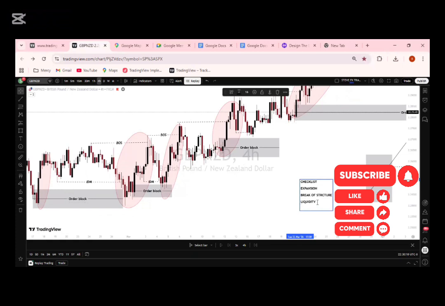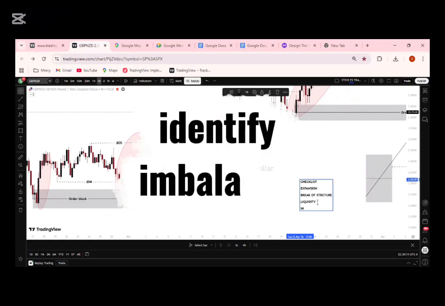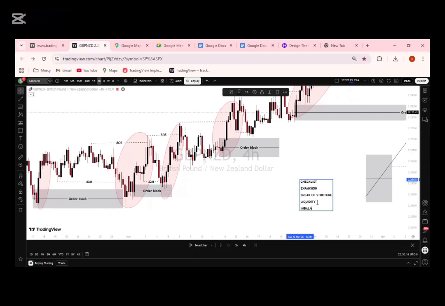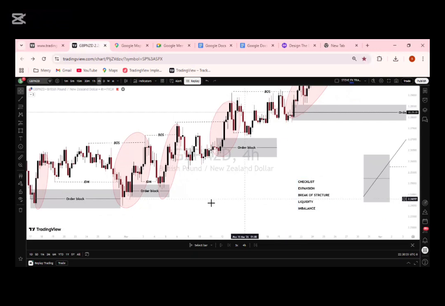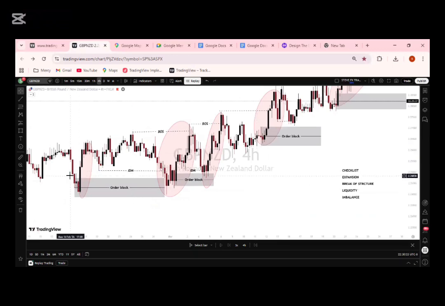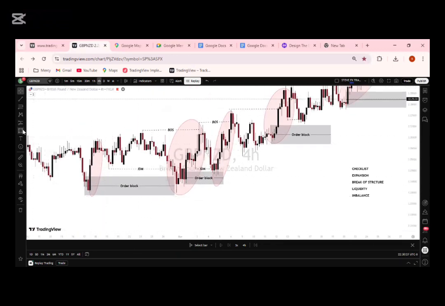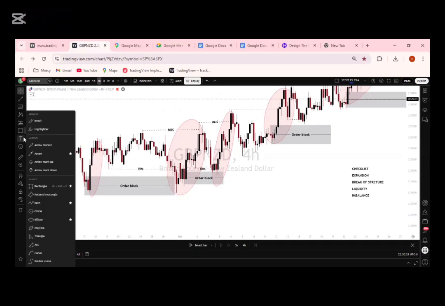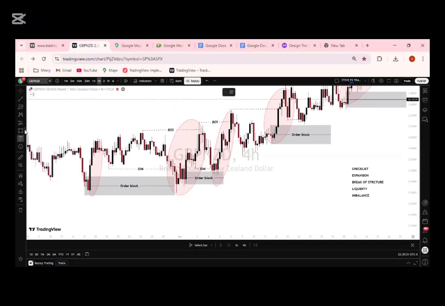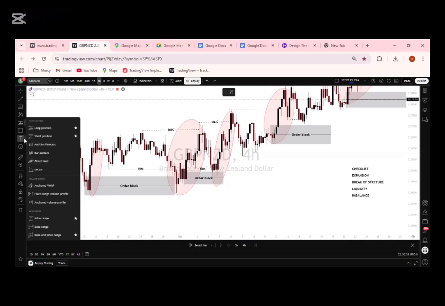The next one that we can include is also the imbalance, that particular imbalance or inefficiency in the market. So with this particular zone, we can see that we have imbalance.